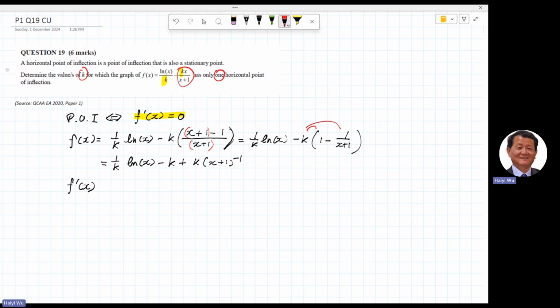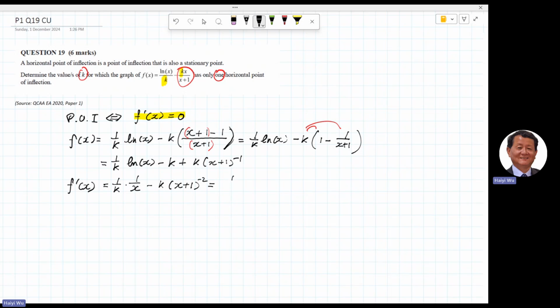So let's do differentiation. First, 1 over K we just copy, then log x becomes 1 over x. The derivative of K becomes 0, so we don't need it. Then you put the negative 1 to the front, it becomes negative K times (x plus 1) to the power of negative 2.